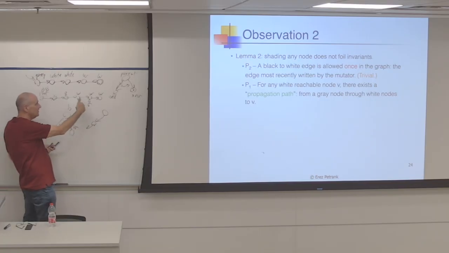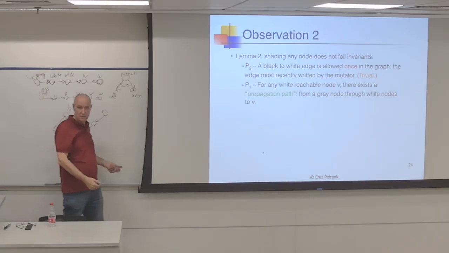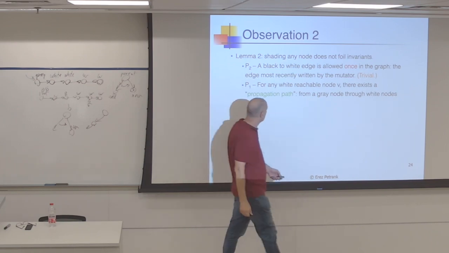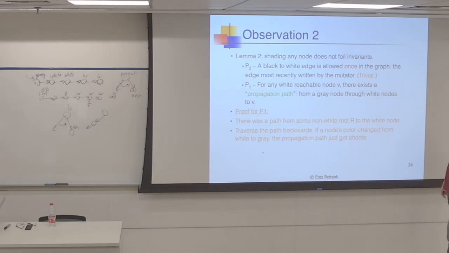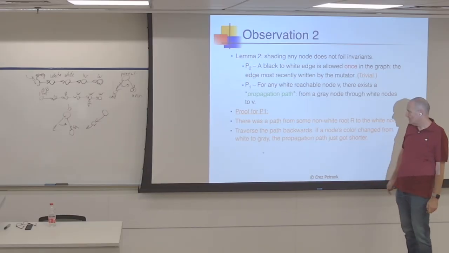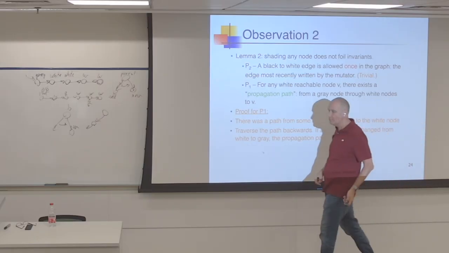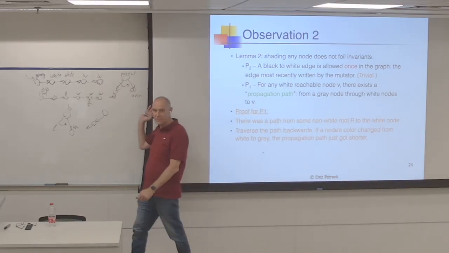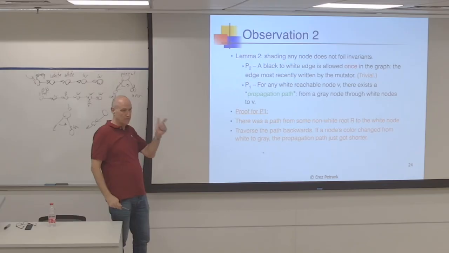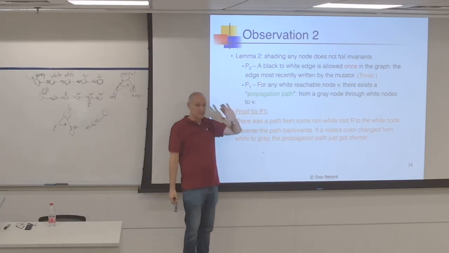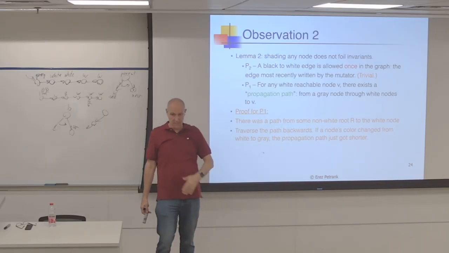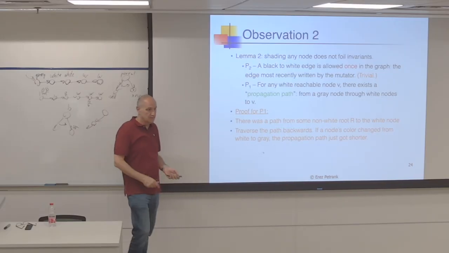And if I shade anything in the middle of it, it just makes the propagation path shorter. So, okay, it's basically the same proof. So these are two things. If there's no black to white edge, then I'm okay. And if the invariants held and then I shaded something, they still hold.